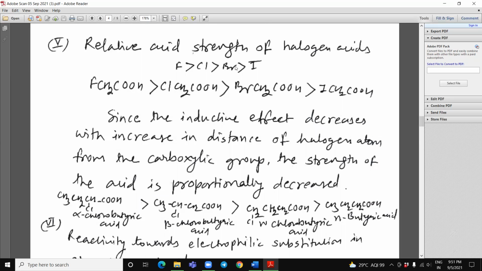See here. So fluoroacetic acid is more acidic compared to iodoacetic acid. Here, alpha chlorobutyric acid is more acidic compared to beta, compared to gamma, and compared to n-butyric acid.